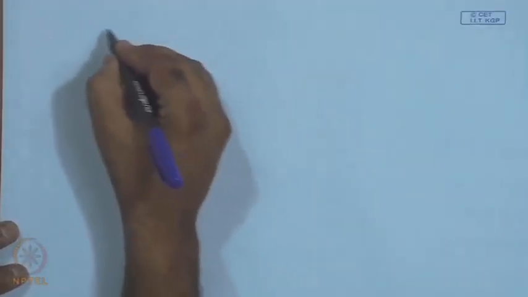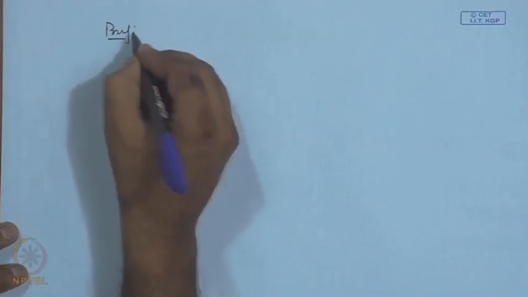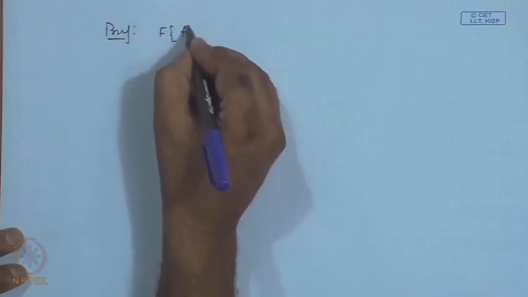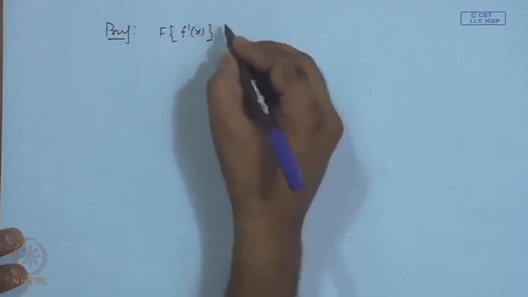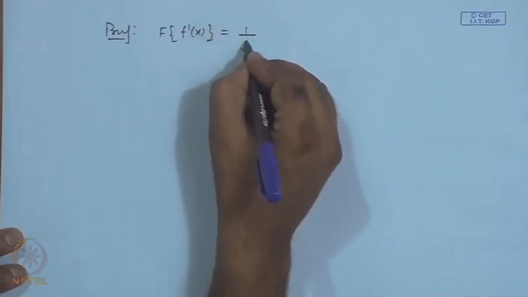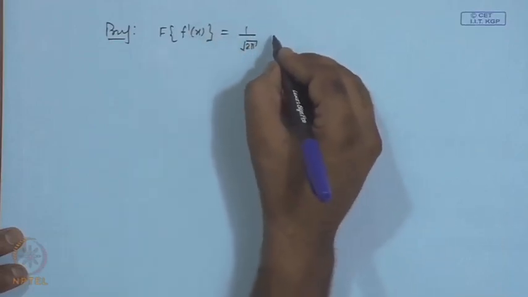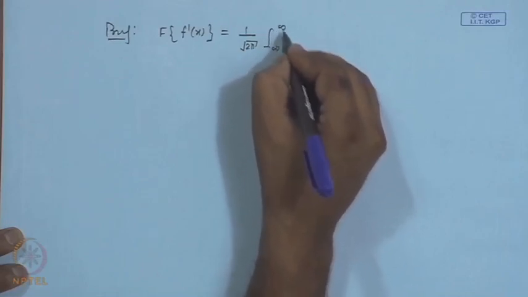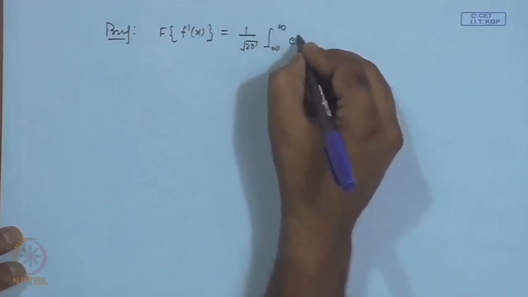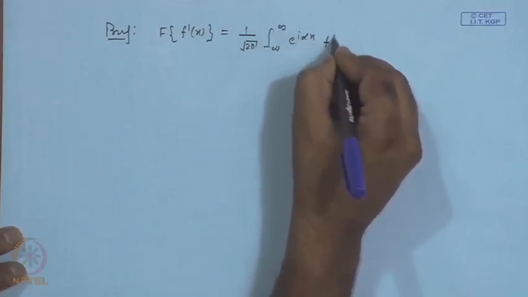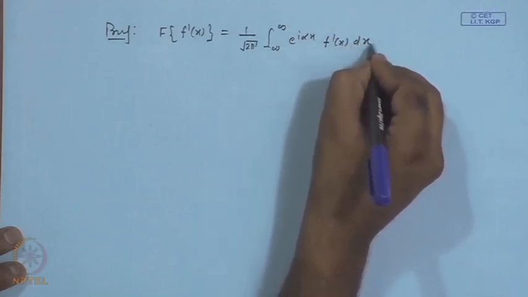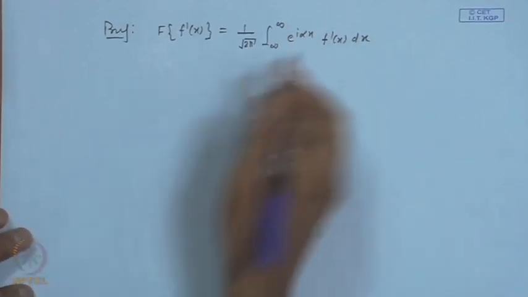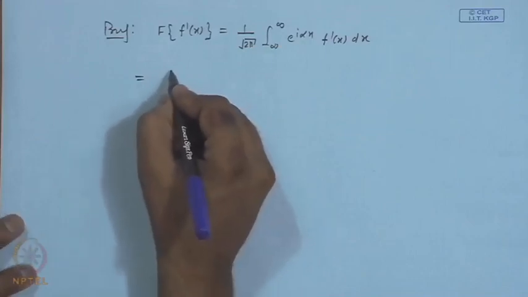So, we go for the proof of this property now. The Fourier transform of f'(x) will be 1 over square root 2 pi, integral from minus infinity to plus infinity of e^{iαx} and the derivative of f with respect to x. So, we integrate by parts.